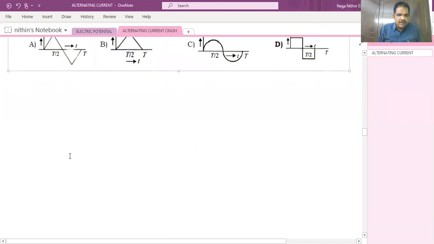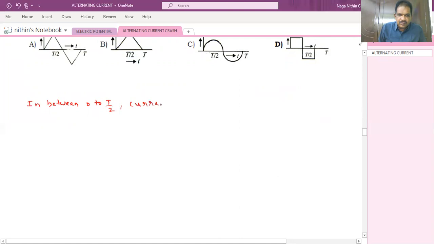So what to write? In between 0 to T by 2, current is linearly increasing with time.